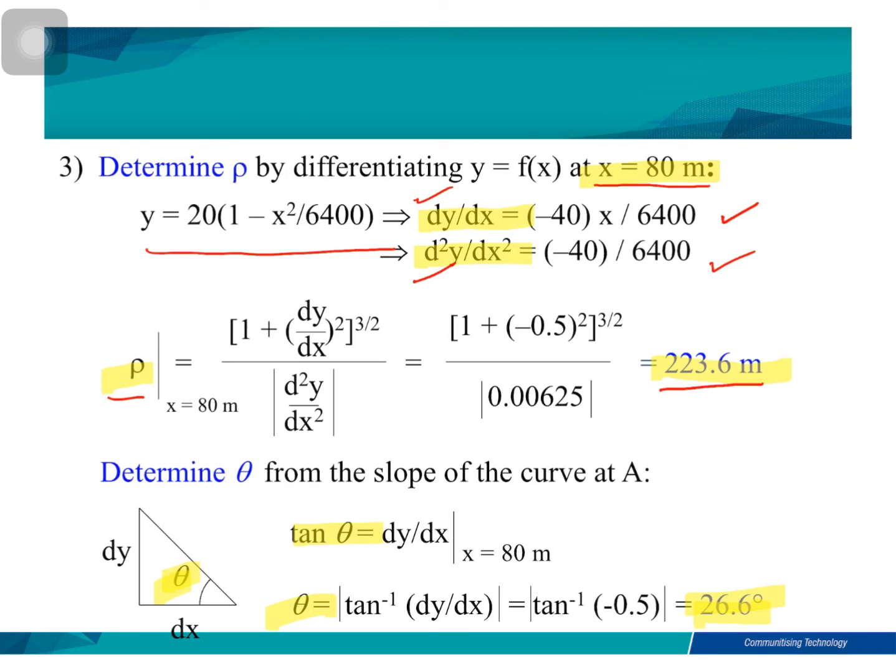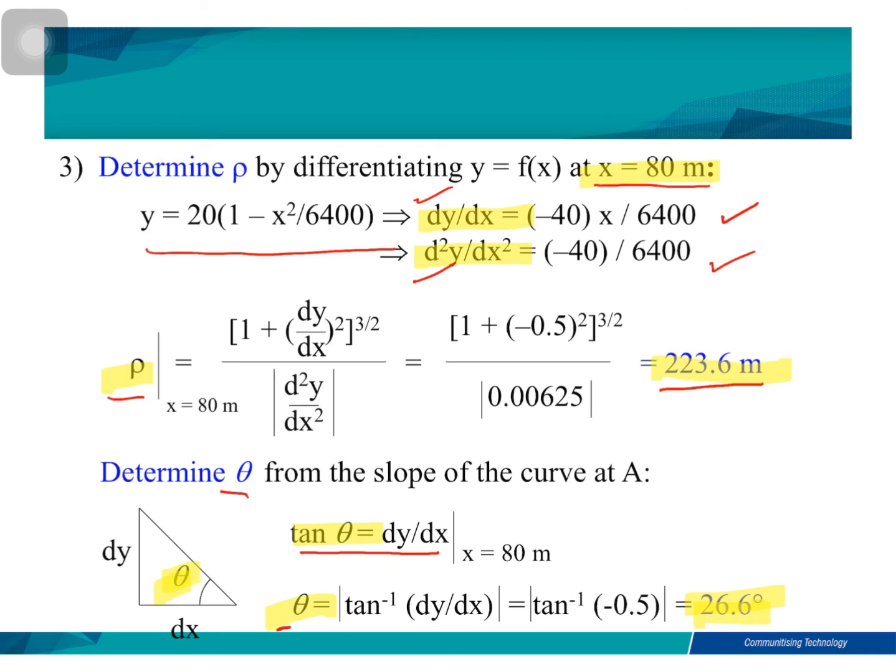And then how do we determine the angle? From the slope at A, you must remember tangent theta is equal to dy/dx, which is negative 0.5.